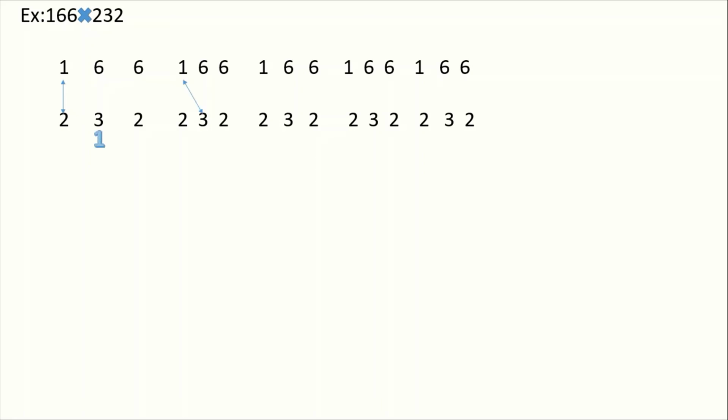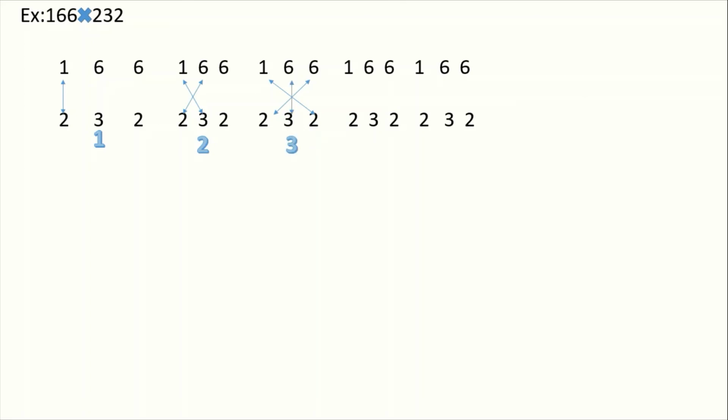For the second one, we multiply the numbers in the hundreds place and tens place, added to the product of the numbers in the tens place and hundreds place.